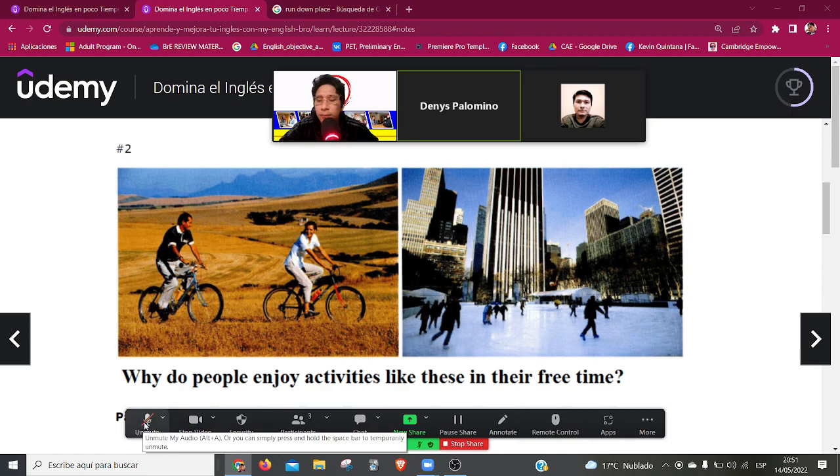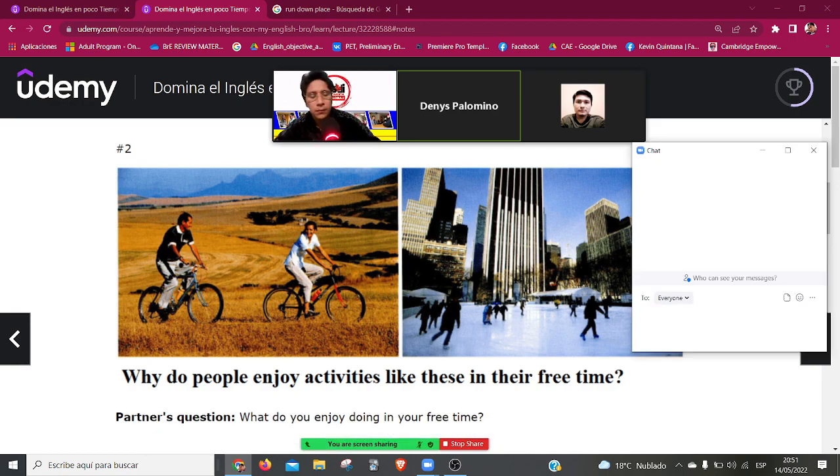From my point of view, in the first image, people like riding a bicycle because it is a way to work out, and being surrounded by nature is a good way to hang out.